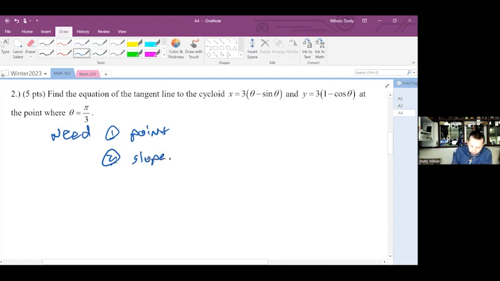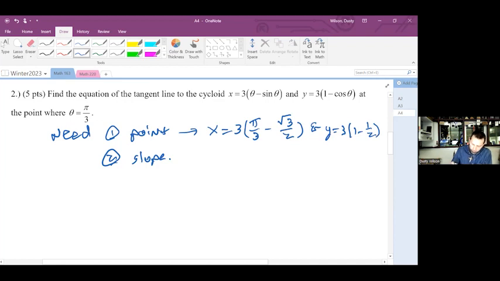If we start by finding the point, this would be where x is equal to 3 times pi over 3 minus the sine of pi over 3. Sine of pi over 3 would be root 3 over 2. And y would equal 3 times 1 minus the cosine of pi over 3, that would be 1/2.